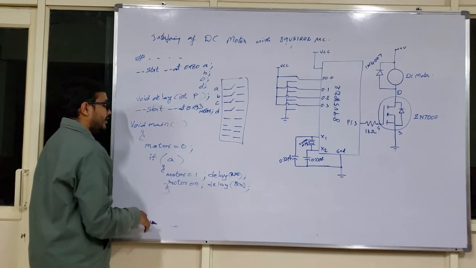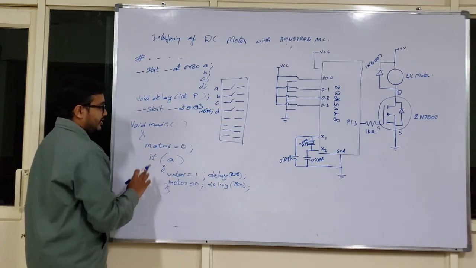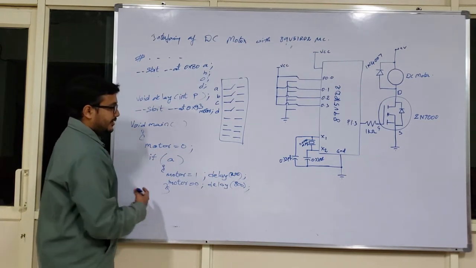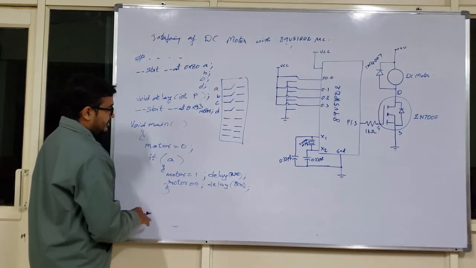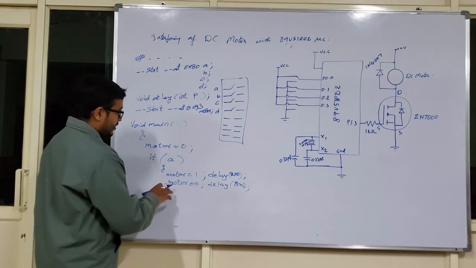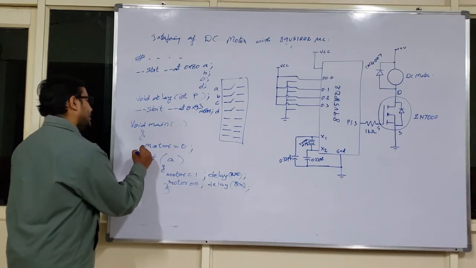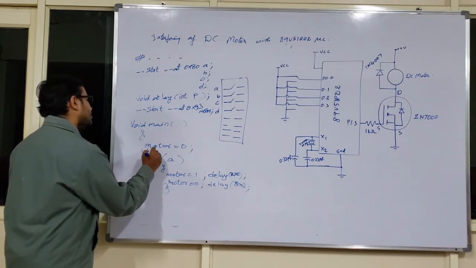In this way you can complete for the B switch input, C switch input as well as for the D switch input. After completing all these things, you can keep this in a while loop.